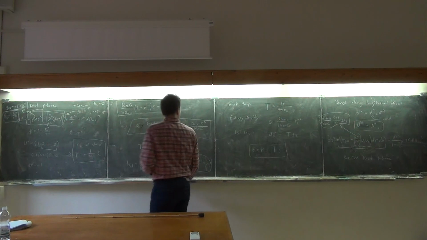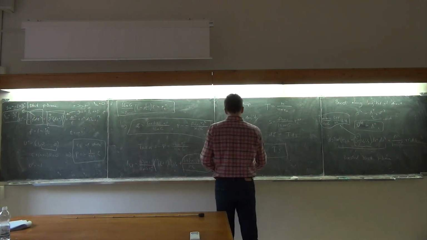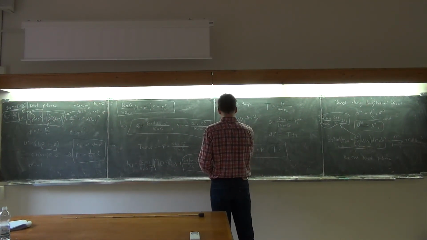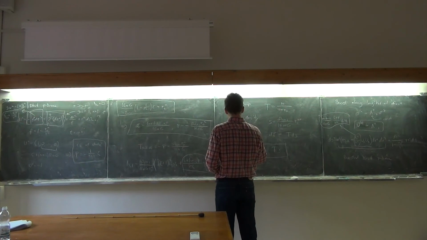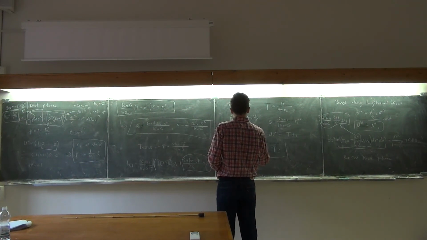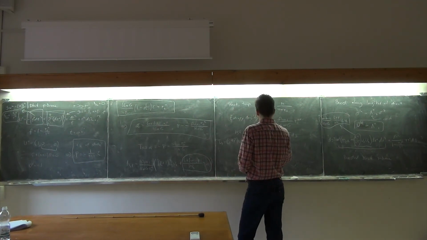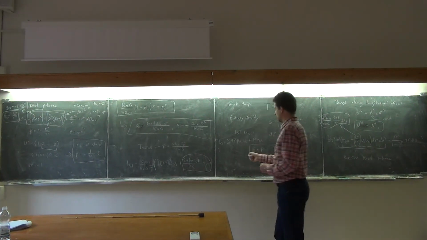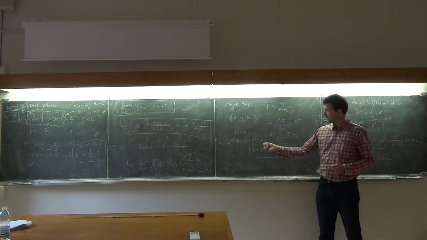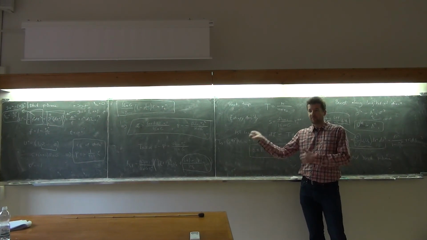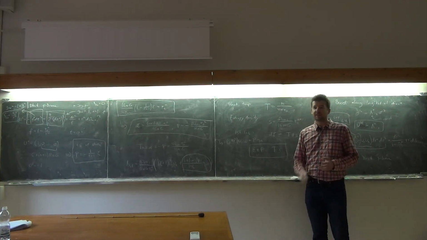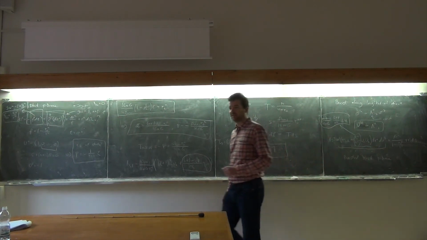Like if you have a perfect fluid, I didn't write it, so it's not on the blackboard anymore. But if you have this perfect fluid stress tensor, then you can also boost that, right? And whether you want to call that a gauge transformation, I don't know. It's a coordinate transformation.